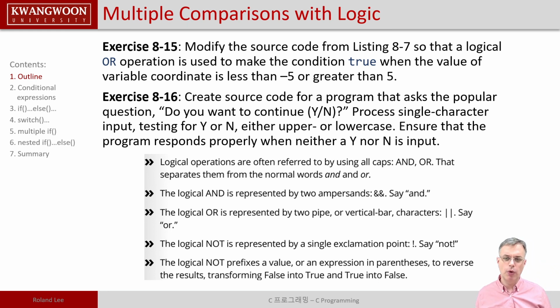And the logical OR is represented by 2 pipes, vertical bar characters, say OR. The logical NOT is represented by a single exclamation point, say NOT. And the logical NOT prefixes a value or an expression in parentheses to reverse the result, transforming false into true and true into false.